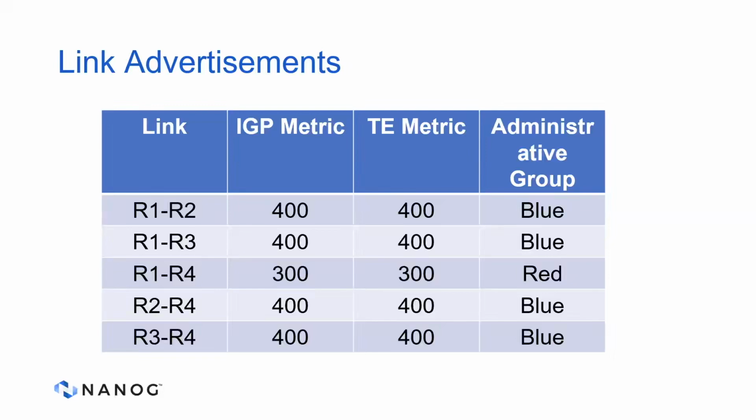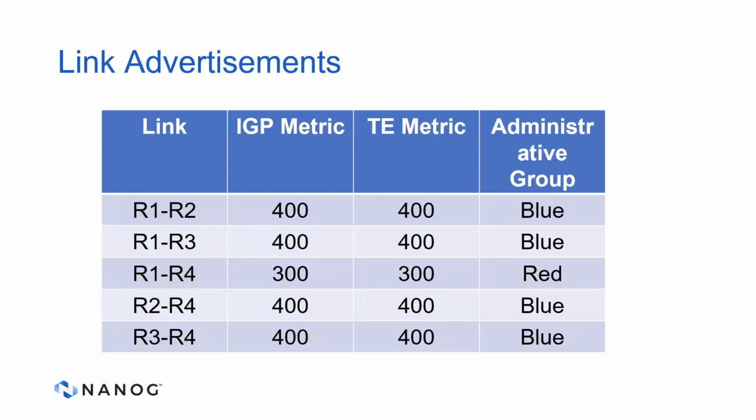So R1 to R2 link has 400 as the IGP metric, and then administrative group is blue, and then R1 to R3 is 400 again, and it's also blue. And R1 to R4 is 300, and then it's red administrative group because it's a 10 gig link.